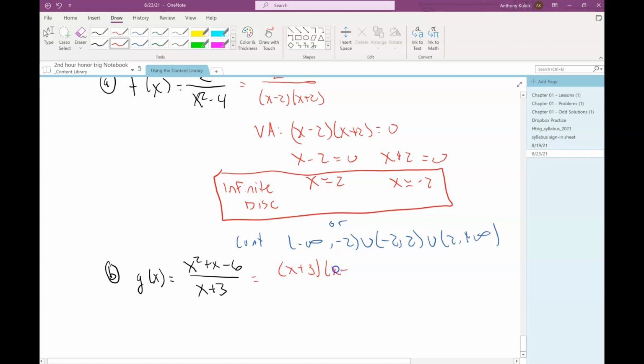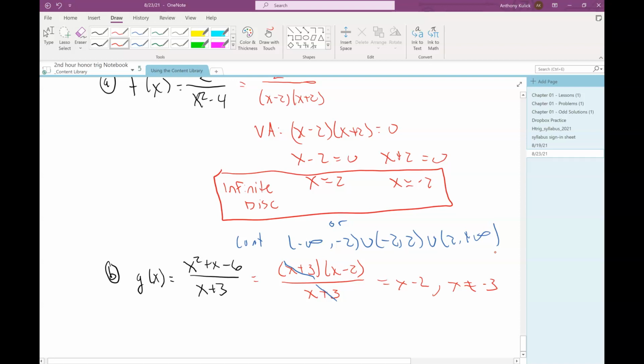So the numerator factors to x plus 3 over x minus 2. The denominator is already prime, so that can stay how it is. Now I check to see if I can reduce, and there is reducing that I can do here, right? The x plus 3's can reduce, leaving us with x minus 2, where x cannot be negative 3.